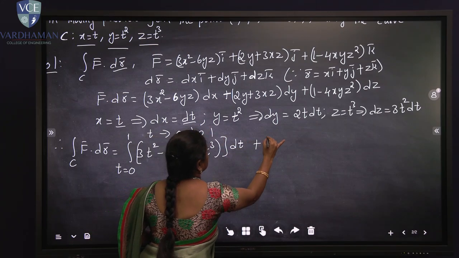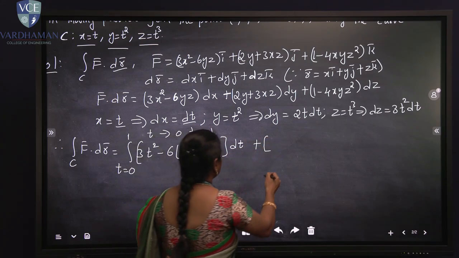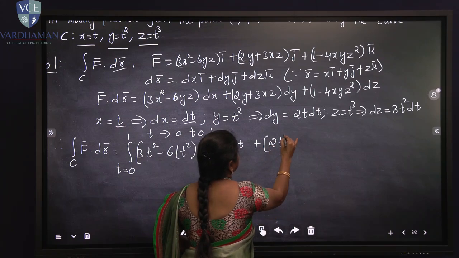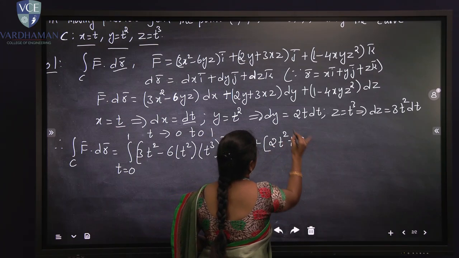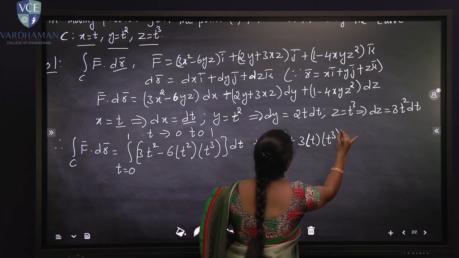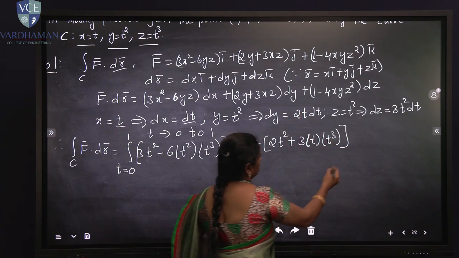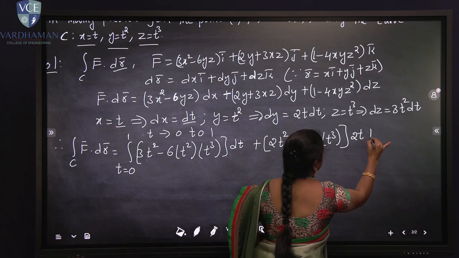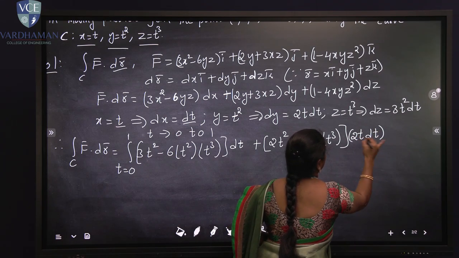Next plus 2y, y means t square, plus 3x, t, z means t cube, into dy, which is 2t dt.